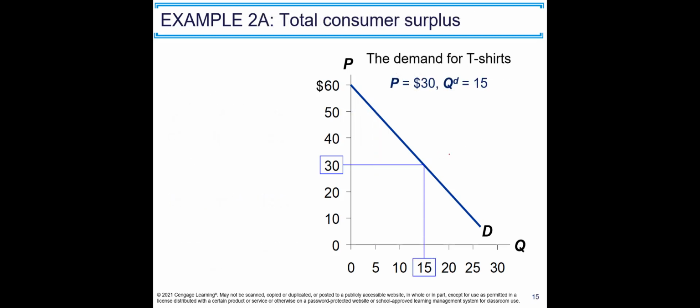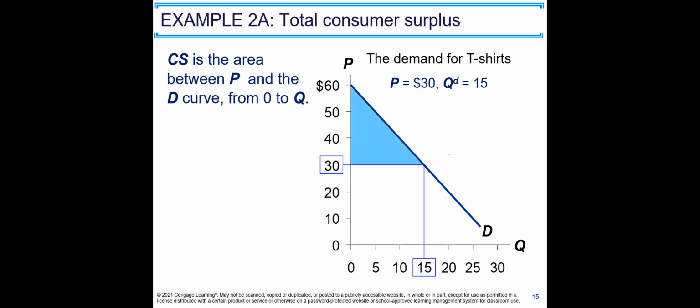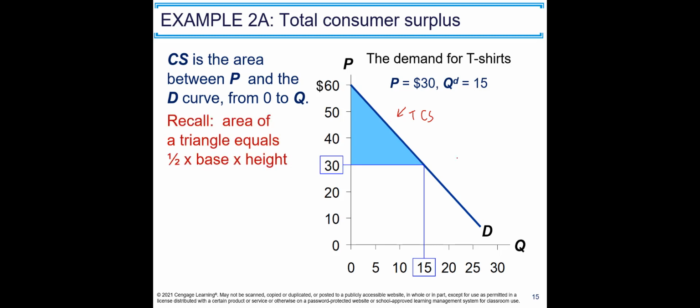Now let's look at when the quantity demanded is 15 and the price is 30. The consumer surplus, which is this time the total consumer surplus, is the area between the price and the demand curve, and that represents the consumer surplus of all buyers, not only one single buyer. And this is a triangular area.